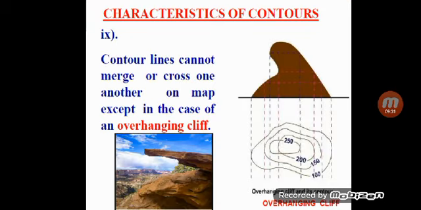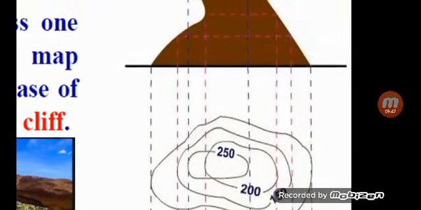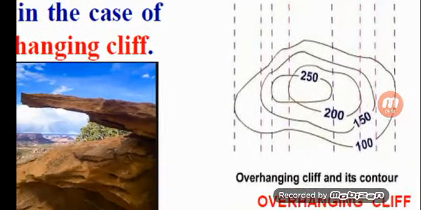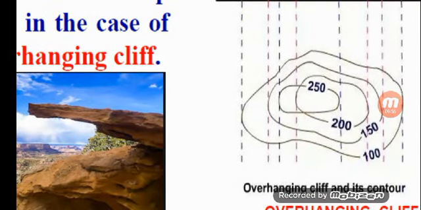After that, contour lines cannot merge or cross one another on a map. One exception is an overhanging cliff, so they don't merge or cross one another. So you can see this 200 and 250, they are merging or crossing one another.